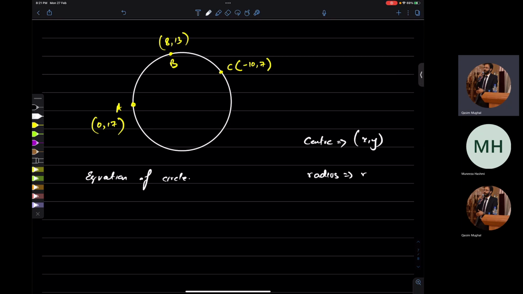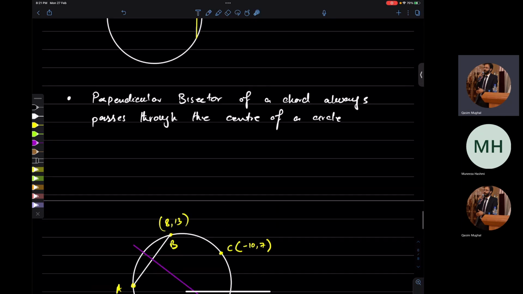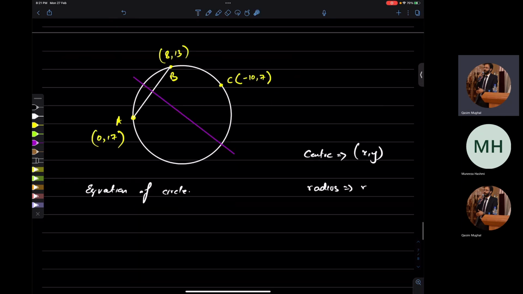So if I draw a perpendicular bisector of AB, here's a quick run through of what I'm going to do next. Let's just say this is the perpendicular bisector of A and B. I know for sure, by using this property, that it will always pass through the center of the circle. So let's assume that the center of the circle is over here.